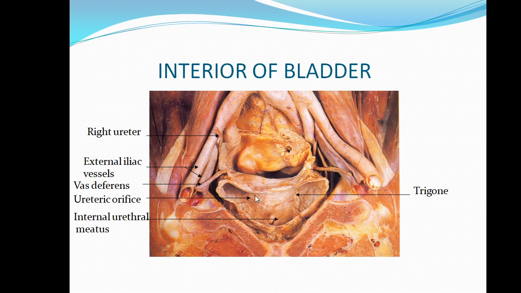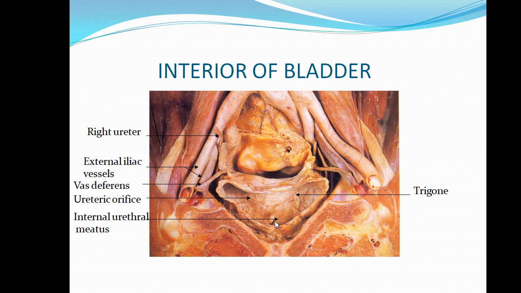At the superolateral angles of this triangular area, you find the openings of the right and left ureters. In the empty bladder, these openings are 2.5 centimeters apart.